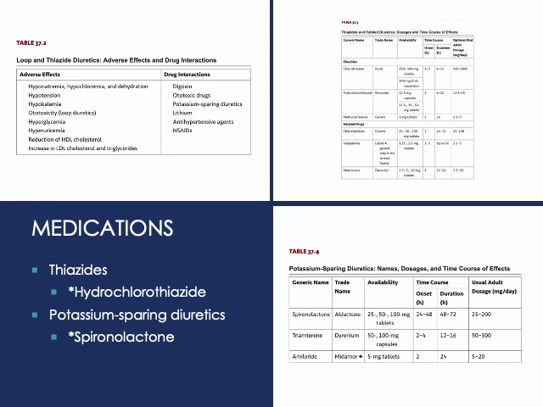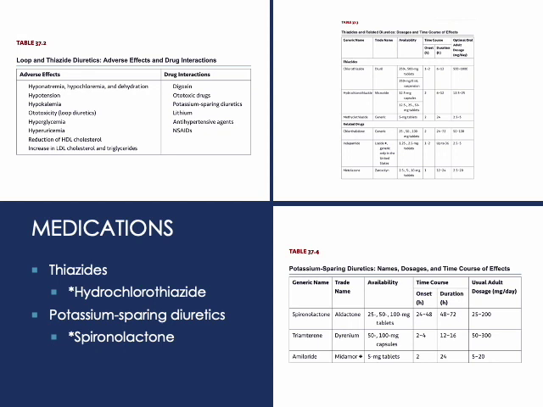Also, this is important, if we're using other antihypertensive medications. So, 3 groups of drugs: the angiotensin converting enzyme inhibitors, or ACE inhibitors, the angiotensin receptor blockers, or the ARBs, and the direct renin inhibitors can actually elevate your potassium levels because they work on suppressing aldosterone secretion.